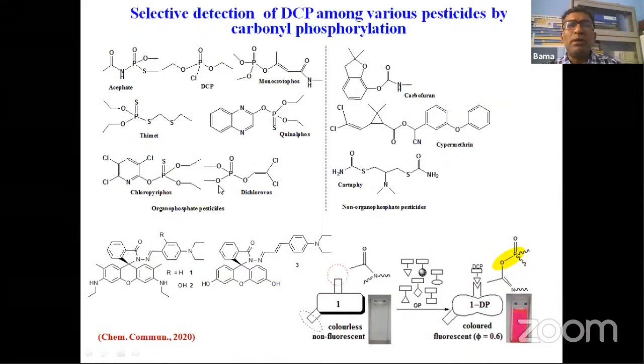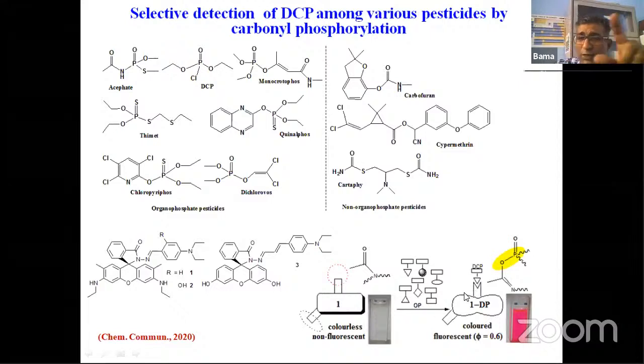This is one more example I would like to give, the detection of organophosphates, because I was talking about the Novichok agents and all those things. In general tendency, if we go by this schematic diagram, the receptor at which the analyte binds and the place where the photophysical perturbation occurs are separate, so it is an indirect way.